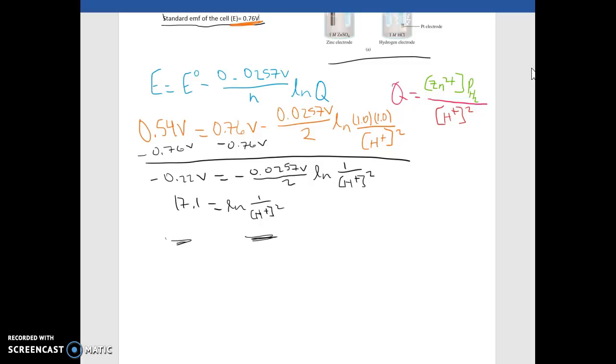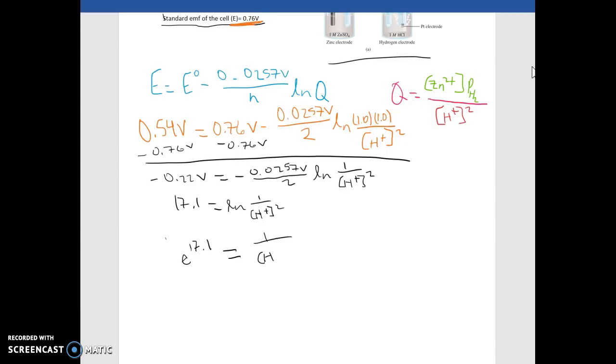If we remember from basic calculus or algebra, in order to get rid of our ln on each side, we must raise e to the 17.1, and that's going to cancel out our ln.